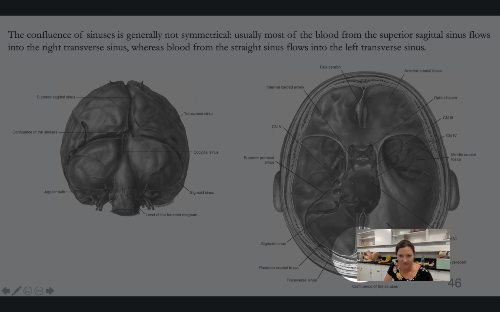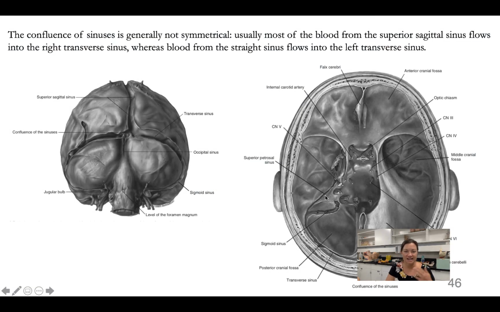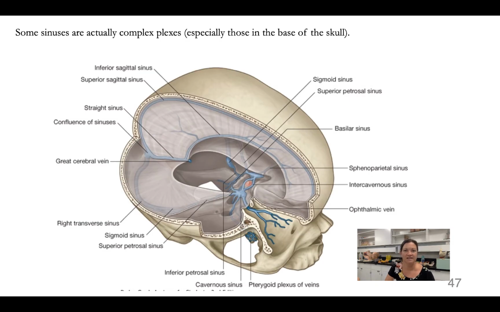So this is the confluence of sinuses. You can see the transverse sinus, this groove passing around, and the sigmoid sinus, which descends toward and drains into the internal jugular, and the superior petrosal sinus runs as a branch point of the sigmoid sinus. I'm mentioning that because it connects to some anterior plexuses, which I think are here.